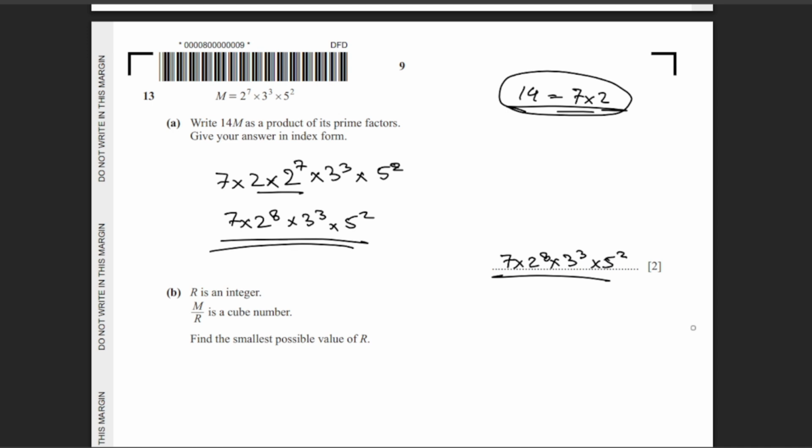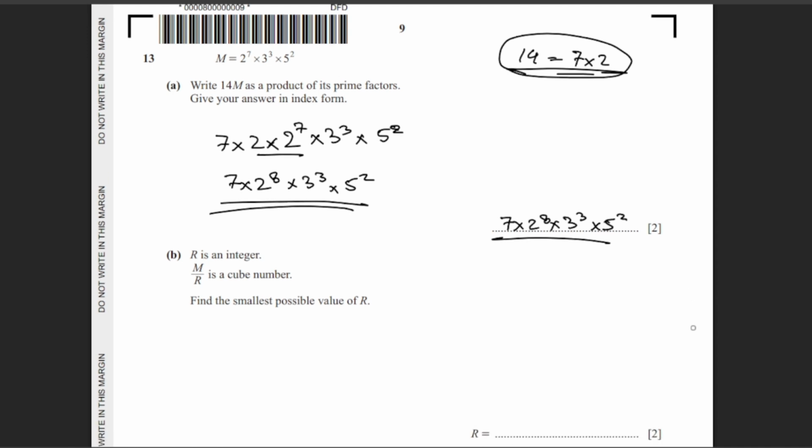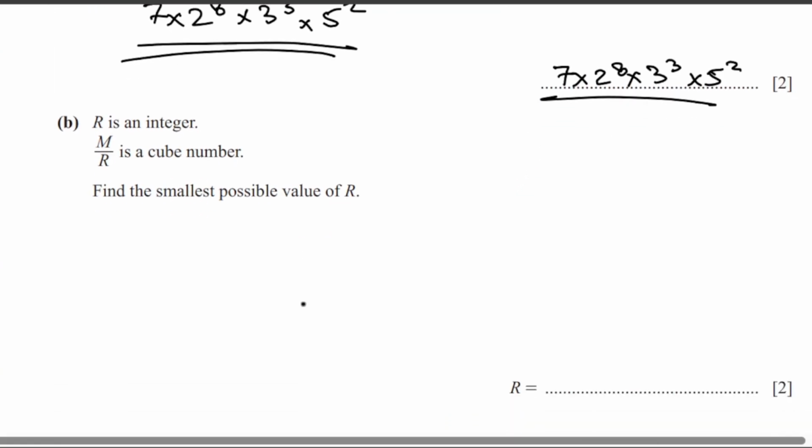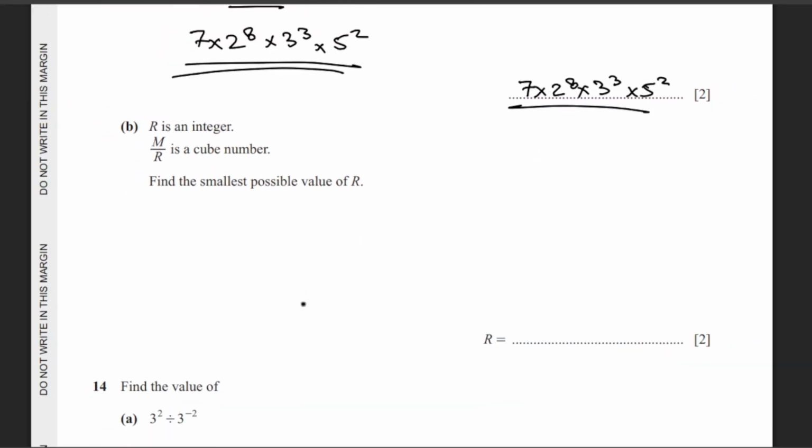Okay, so now moving on to part B. R is an integer. M over R is a cube number. Find the smallest possible value of R. So we know that M is equal to 2 to the power of 7 times 3 to the power of 3 times 5 to the power of 2. Let's write that down over here.